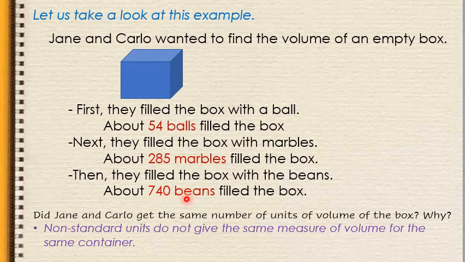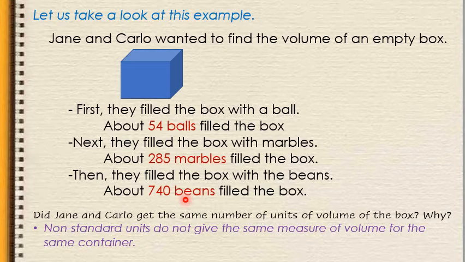So, anong naobserbahan natin dito, children? Iisang box lang yung ginamit ni Jane at ni Carlo, pero magkakaibang bilang ng non-standard units yung kanilang na-count or nabilang when they filled the box with balls, marbles, and beans. Yung una ay 54 balls, yung pangalawa ay 285 marbles, at yung pangatlo ay 740 beans.